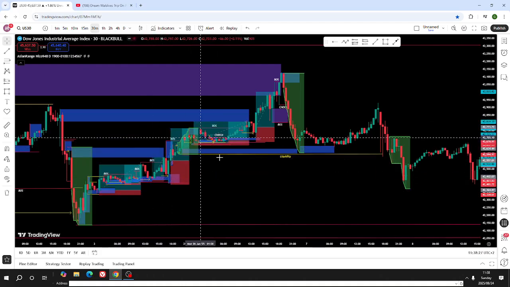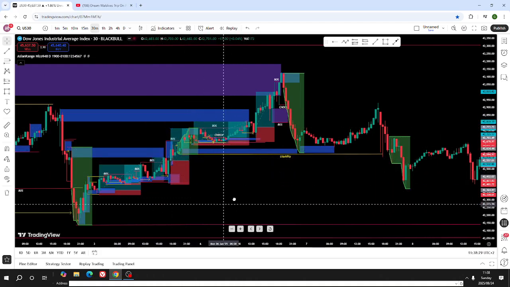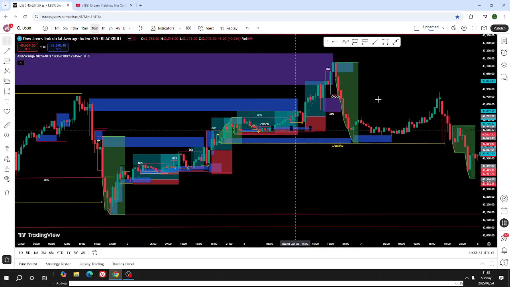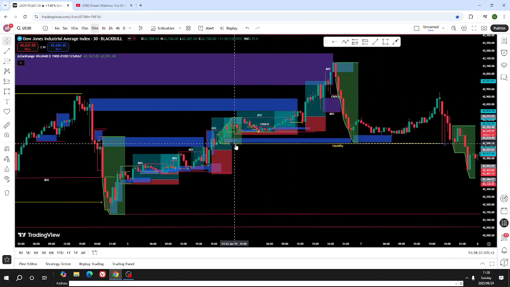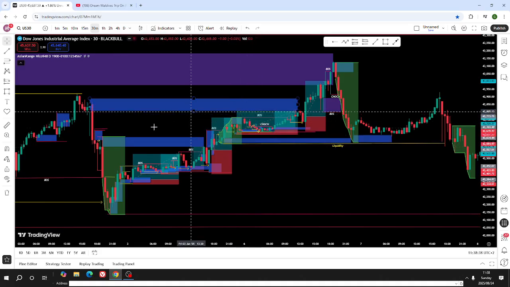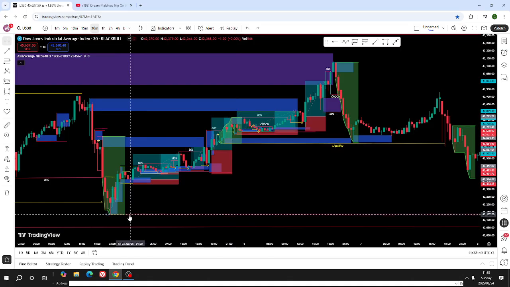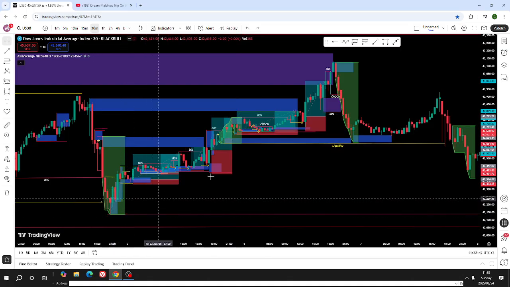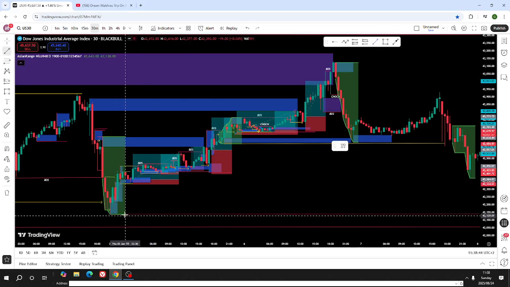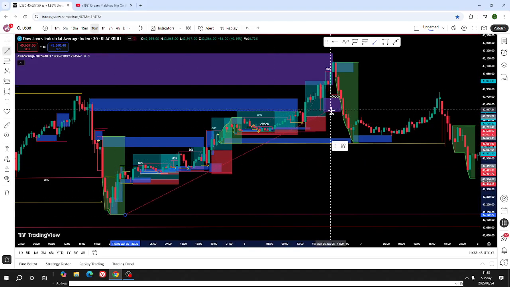Also, the previous day's Asian low is not taken out, which is here, it's not yet taken out. So there is a lot of liquidity within this whole movement.